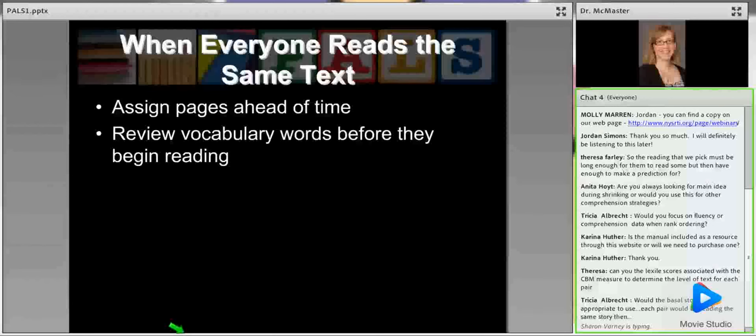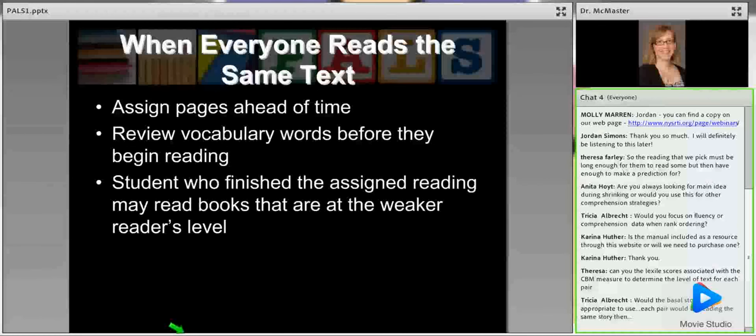And I would select vocabulary words that are really key to understanding the text. It doesn't necessarily have to be all words that kids won't understand, but the ones that are really key to comprehending. And then, so pre-teach those.